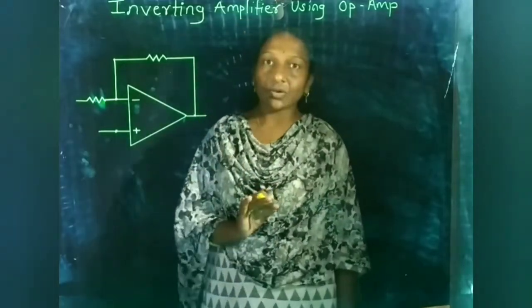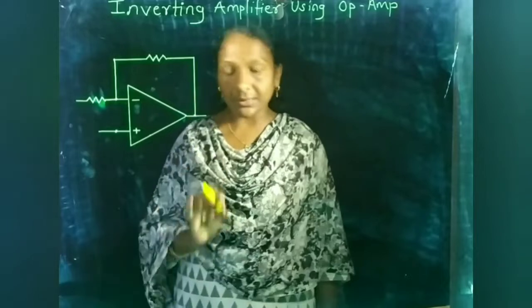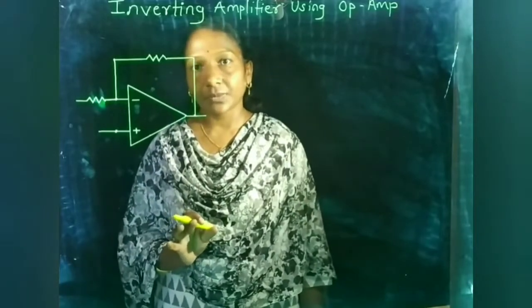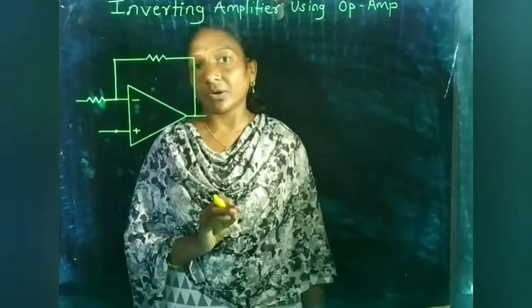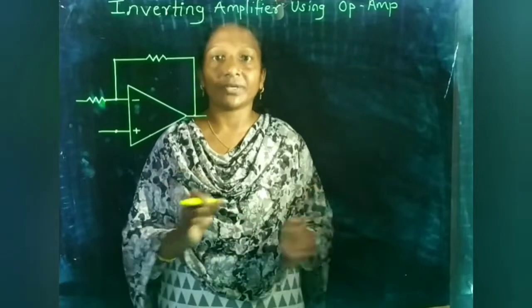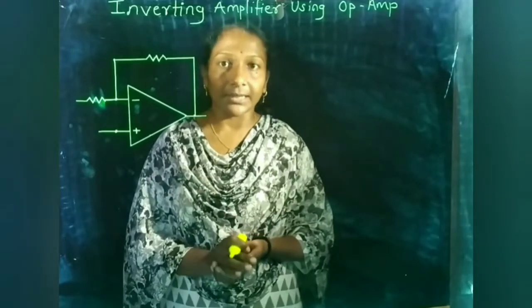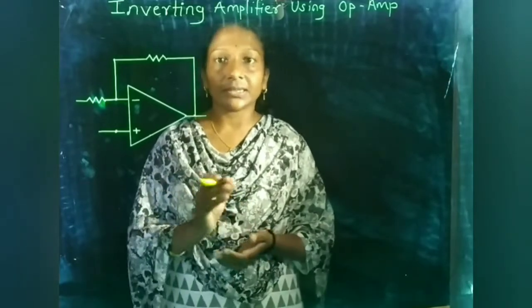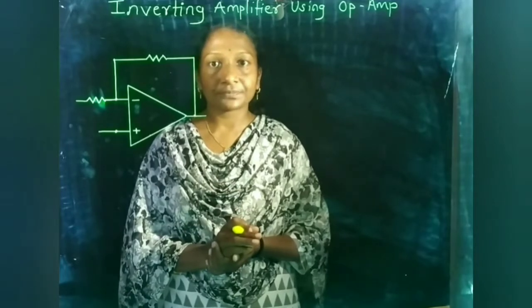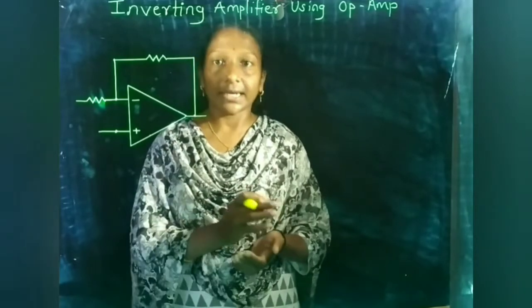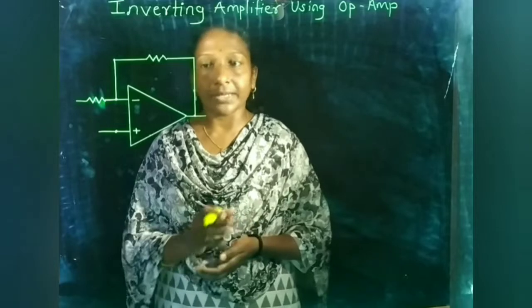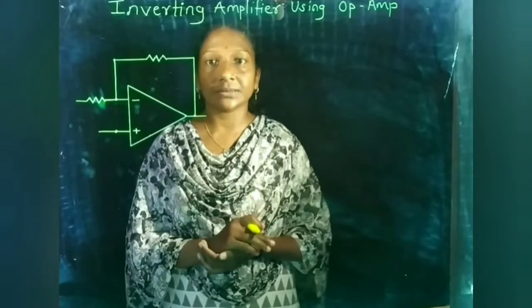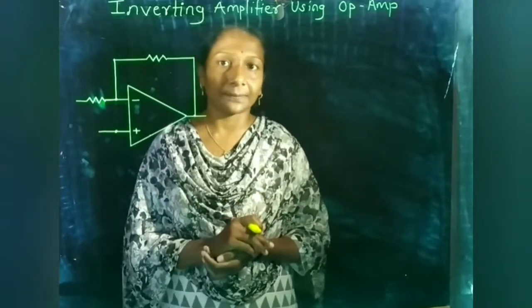With the addition of suitable external feedback components, we can use this operational amplifier for different applications like AC and DC signal amplification, oscillators, active filters, comparators, integrators, differentiators, etc.